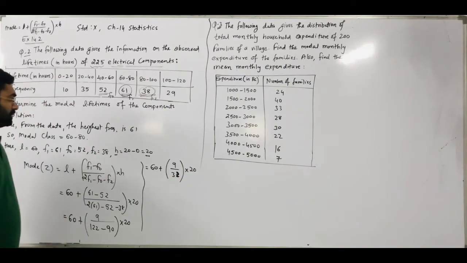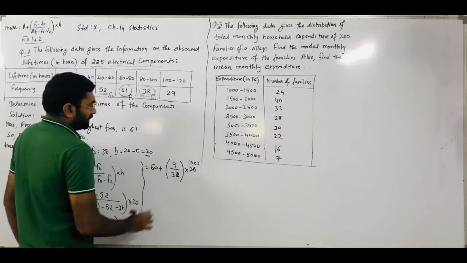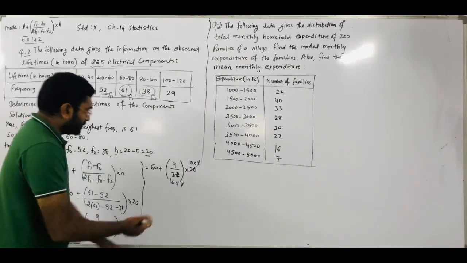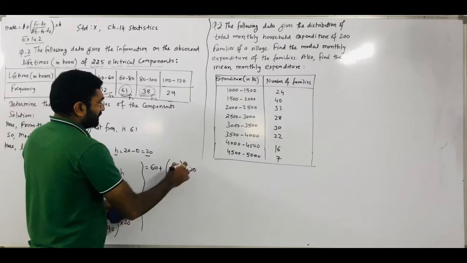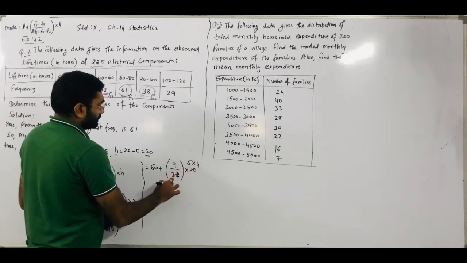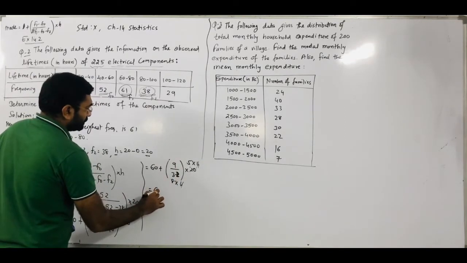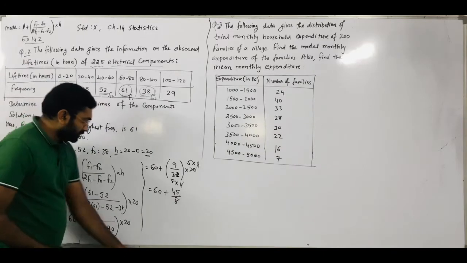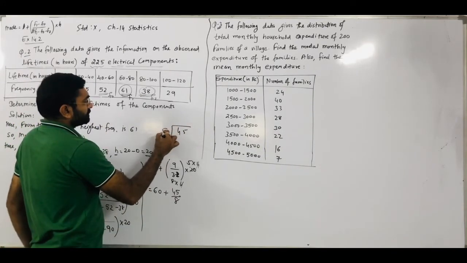Here we can cancel out: 5 fours are 20 and 8 fours are 32, so 4 cancels out. 9 fives are 45, divided by 8.